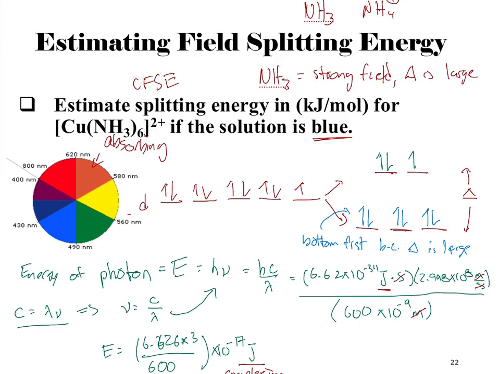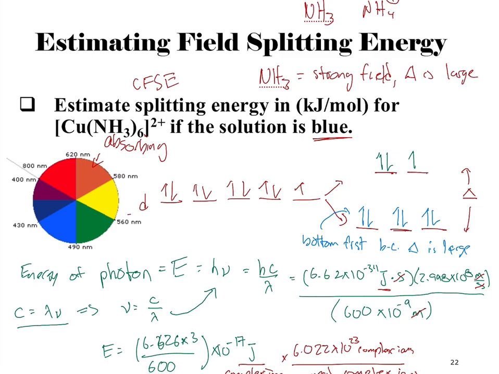There's an Avogadro number of complex ions in a mole of complex ions, right? So there's 6.022 times 10 to the 23 complex ions per mole of complex ions.